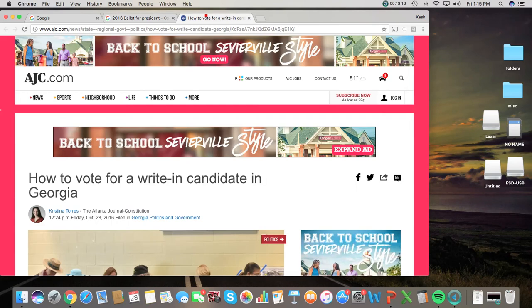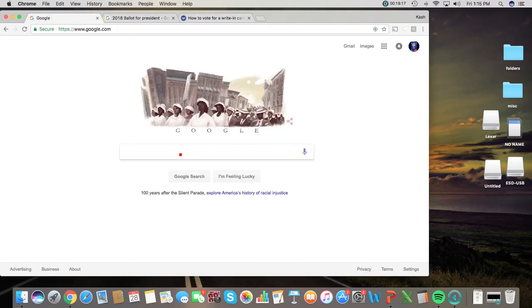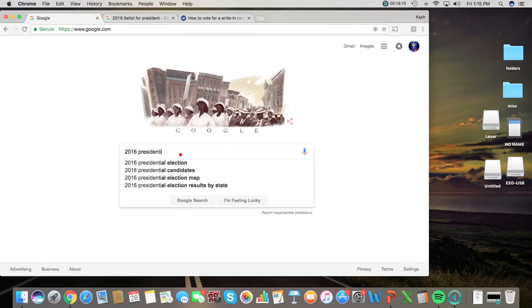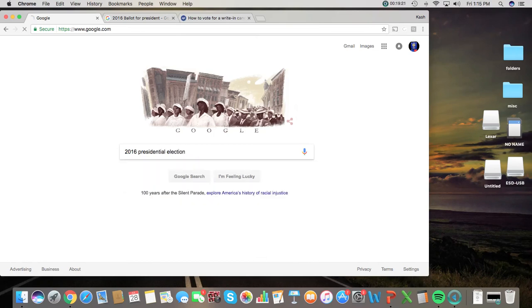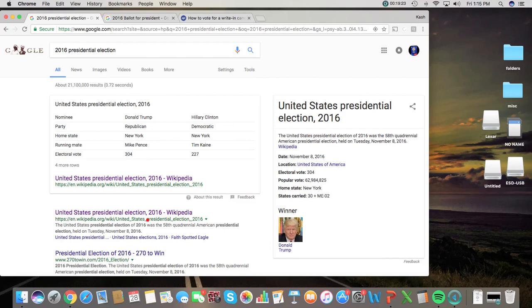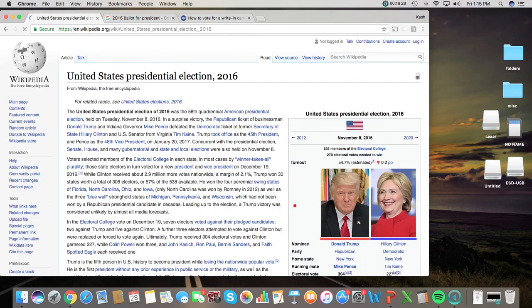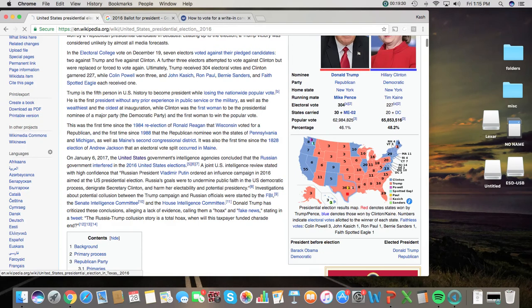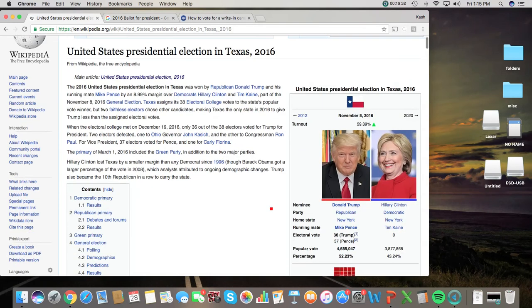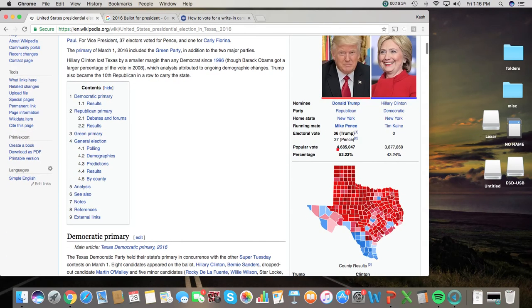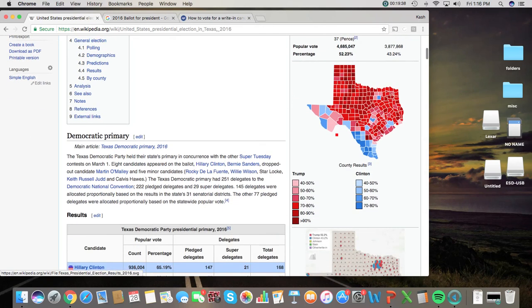So let's see how Texas voted in 2016, okay? So the 2016 presidential election, all right? Let's go ahead and take a look at the way Texas voted. So we're gonna look at this map. Here we go, here's Texas. And you can see that here's the popular vote.